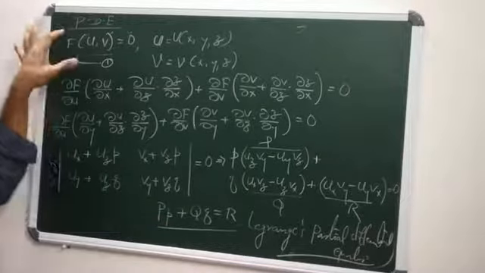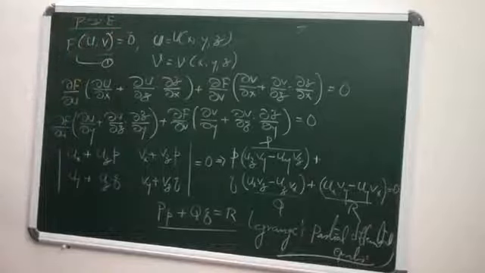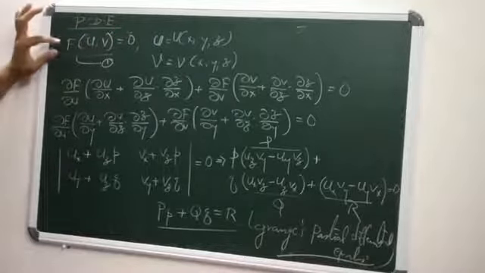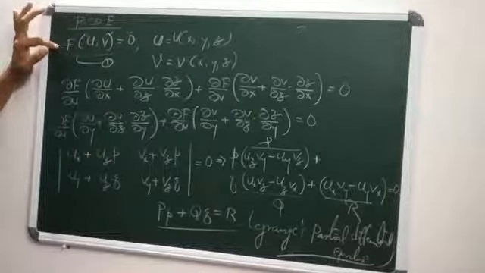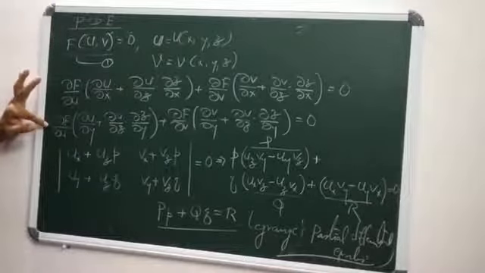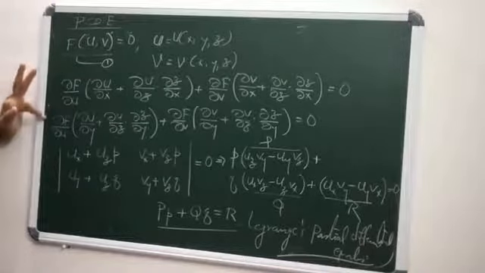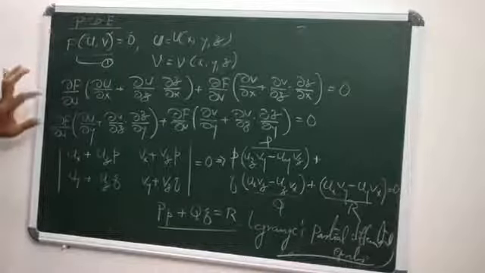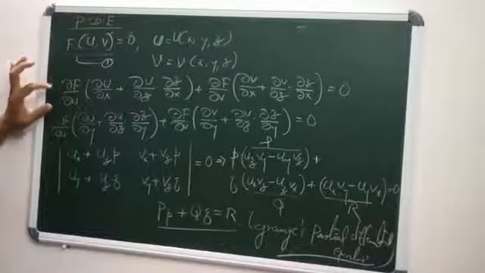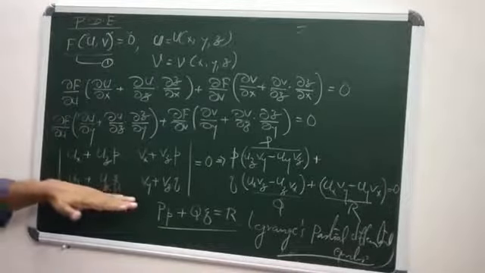So by using the usual notations, we derive Lagrange's partial differential equation by this argument. If f of u, v equals 0, where u and v are functions of x, y and z, first we differentiate with respect to x, and again with respect to y. X and y are independent variables, z is a dependent variable. Then after eliminating del f by del u and del f by del v, we have this determinant.